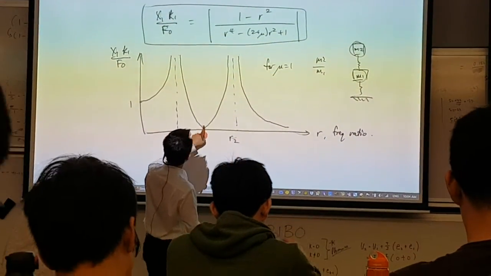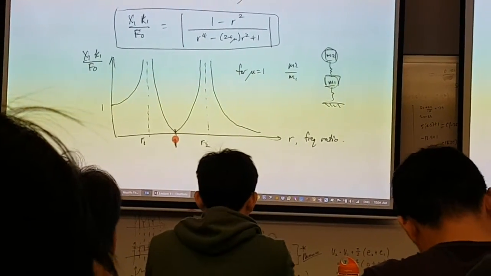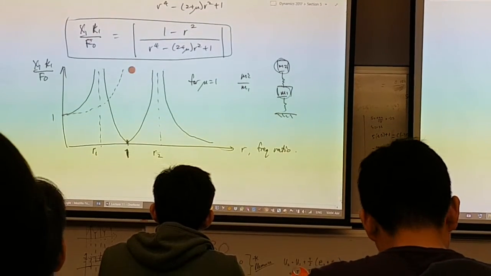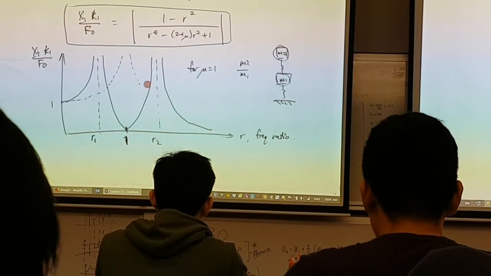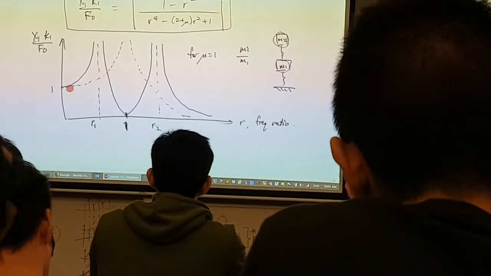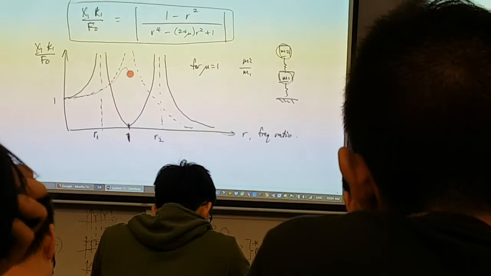It used to be resonating over here, so it used to have this kind of graph. It will go up and then come down in that way. In fact, this graph over here, for different mu values, will look like that.